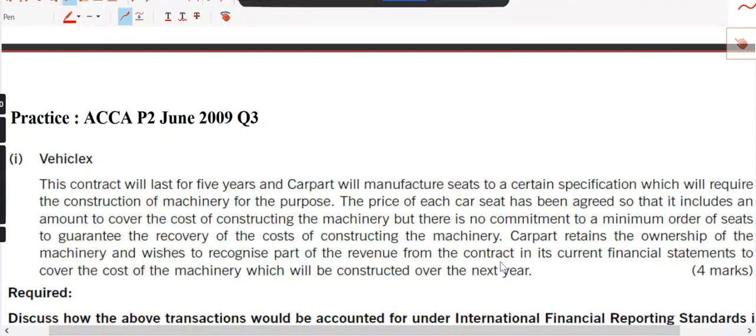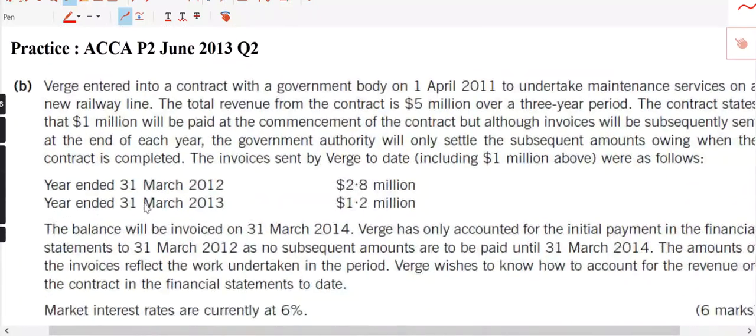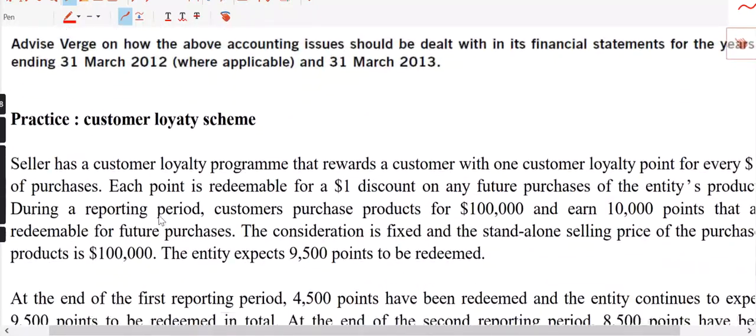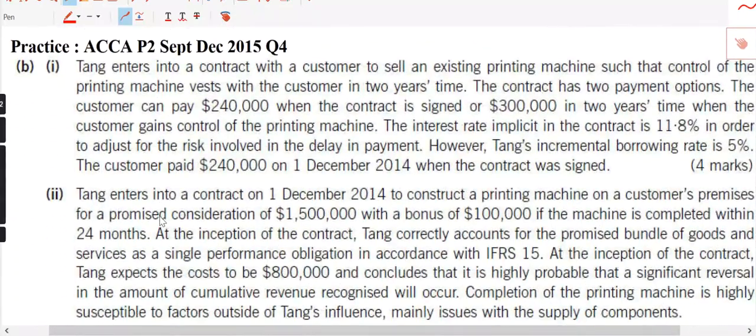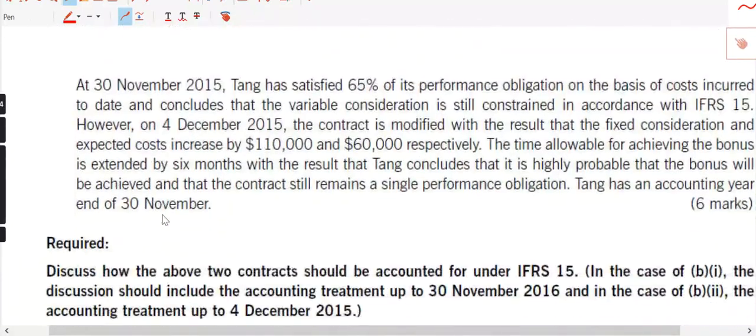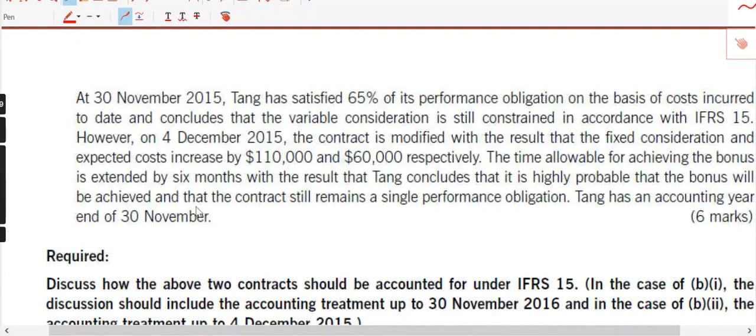So roughly preview how many questions we have. First one, second one, number 3, number 4, number 5, number 6. Number 6 has 2 parts. So 6 questions, but about 7 parts here.